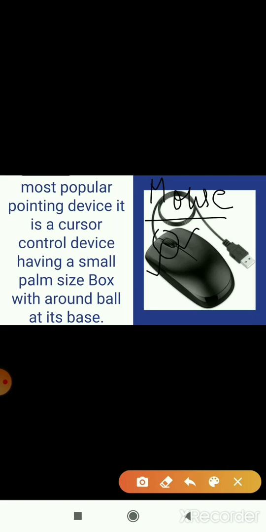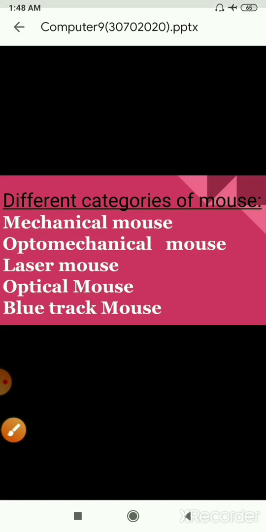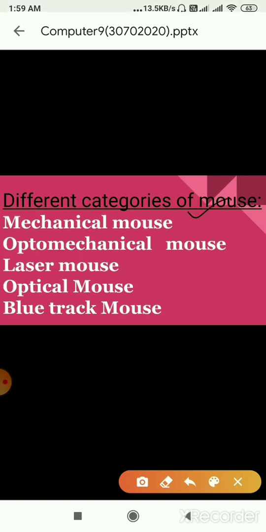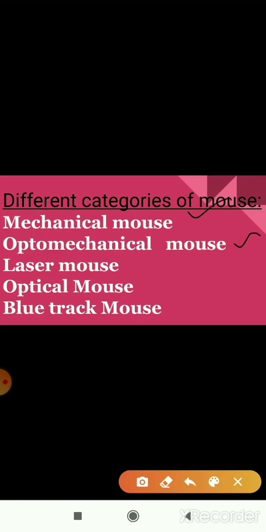We use the mouse for entering data. A mouse moves on a flat surface only. Got it? Different categories of mouse: mechanical mouse, optomechanical mouse, laser mouse, optical mouse, and blue track mouse.